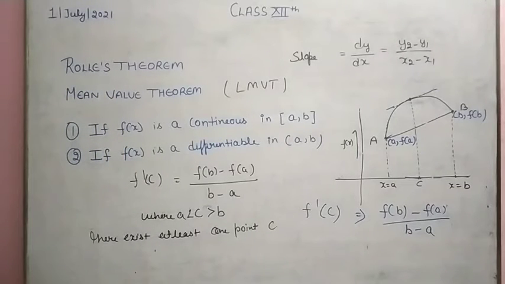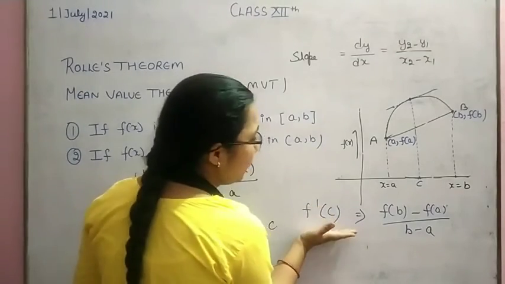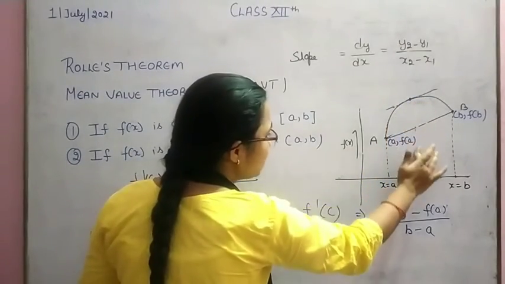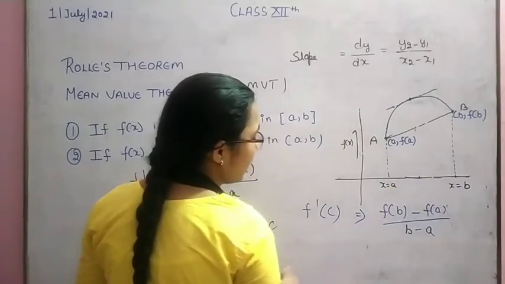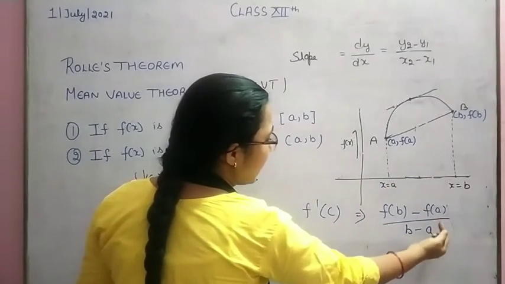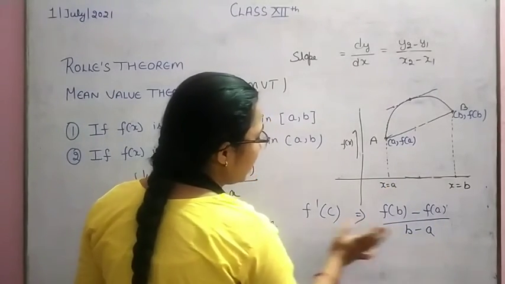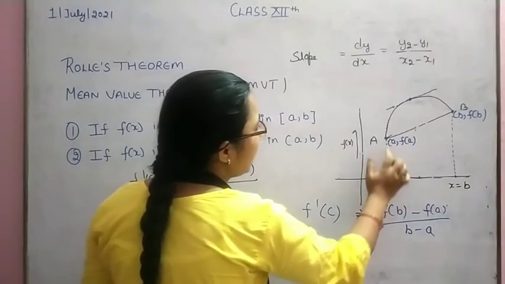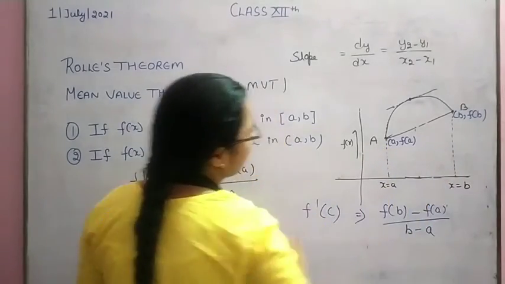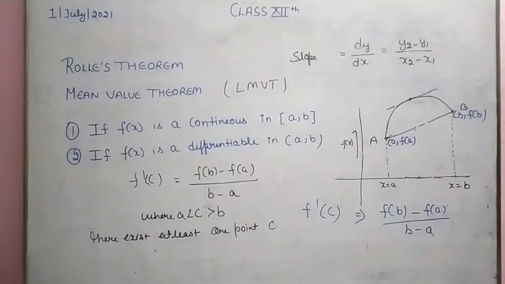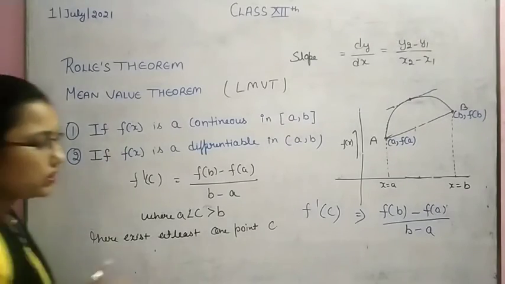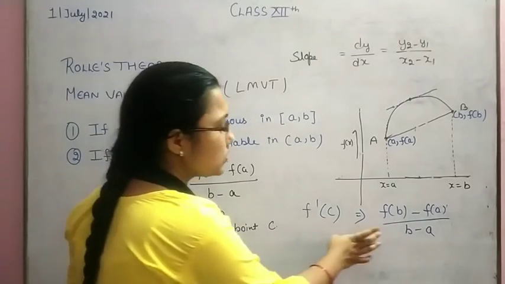So by the Lagrange mean value theorem, the slope of the tangent is (f(b) minus f(a)) over (b minus a), where C lies between a and b. Okay. So in Rolle's theorem, f'(C) equals 0.